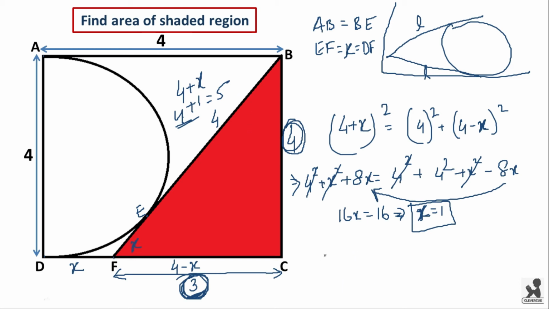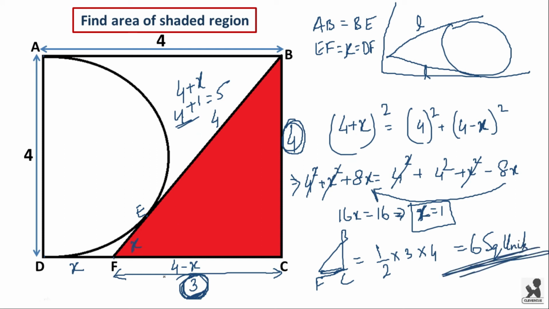The area of the shaded region, that is the area of triangle FBC, will be equal to half of base into height. So the answer will be 6 square units. So the area of this shaded region, which is shaded in red, is 6 square units. So this is the answer.